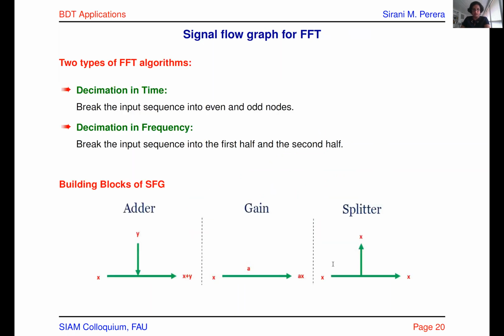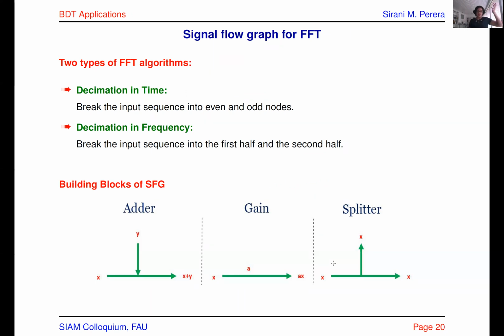And then, okay, the last part of the talk is based on the signal flow graph. We did all this math, but we did not tell you how the signal needs to be transformed. So in a signal flow graph for the FFT, there are two main types. One is the decimation in time. The other one is the decimation in frequency.